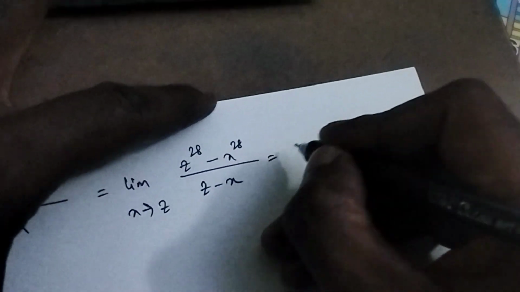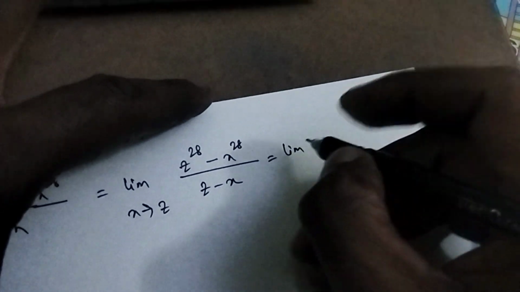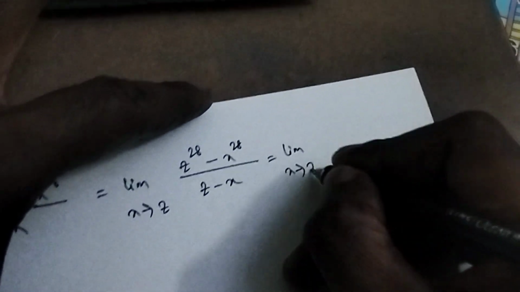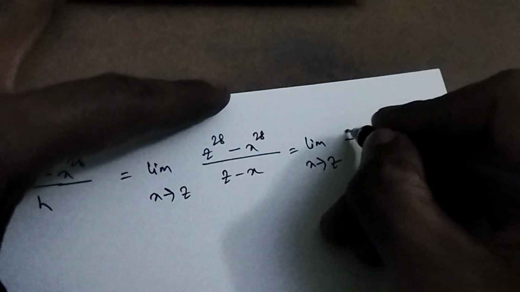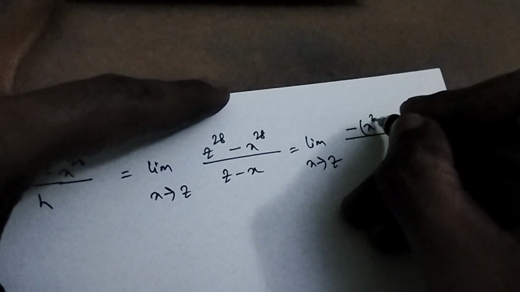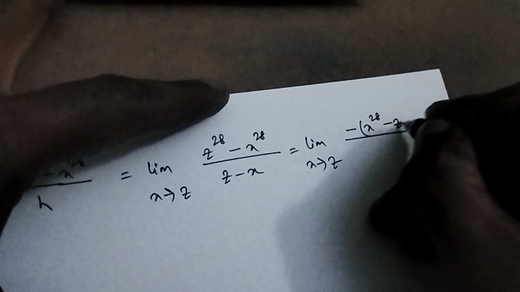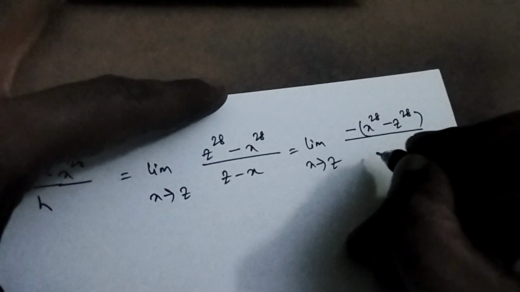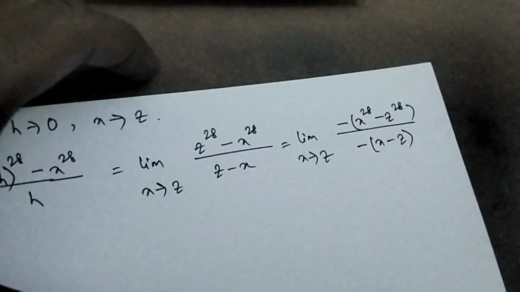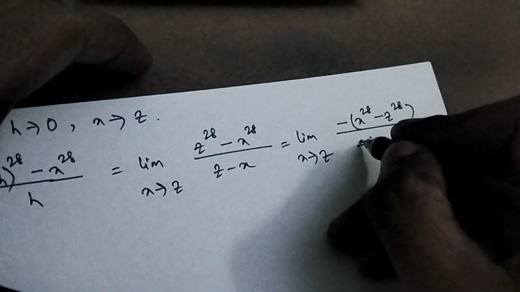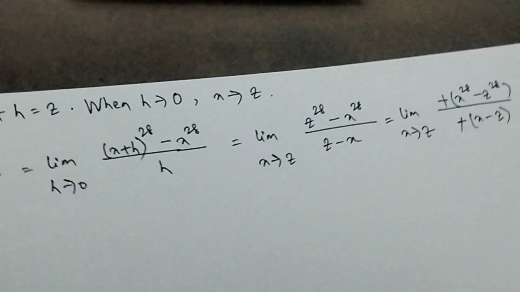So this is equal to limit x tends to z of x to the power 28 minus z to the power 28 by x minus z. Minus minus will cancel.